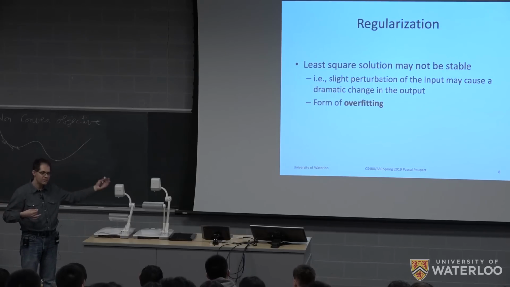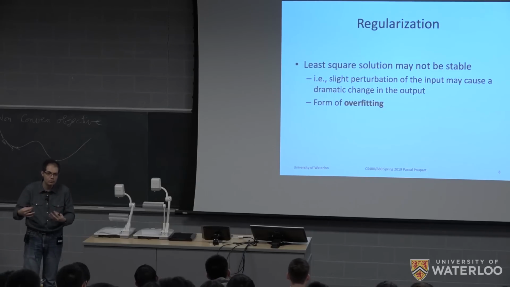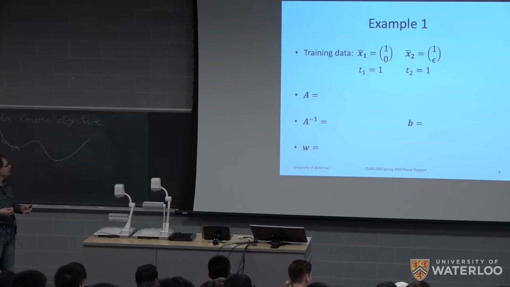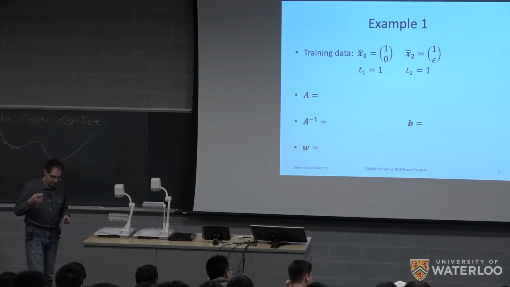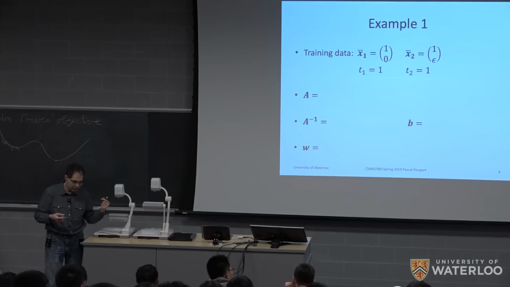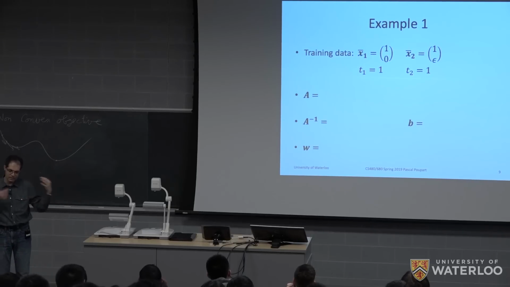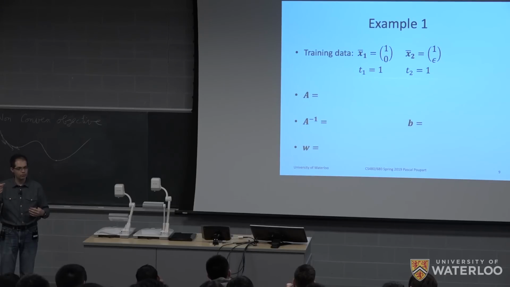The problem is that this least square solution is sensitive to this noise, and in fact too sensitive, and in some cases will lead to overfitting. So let's do two examples. We're going to start with the first example that will illustrate how this approach works, and then we're going to do a second one where we perturb one of the inputs by epsilon.